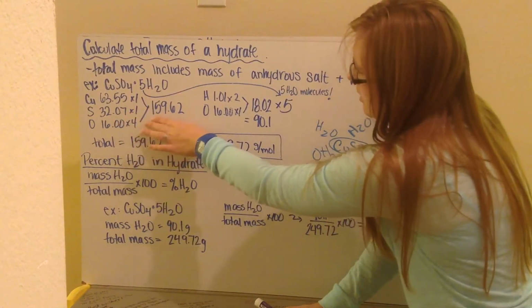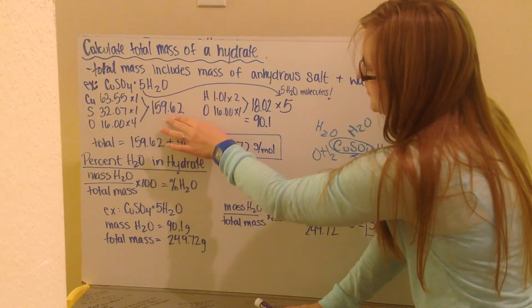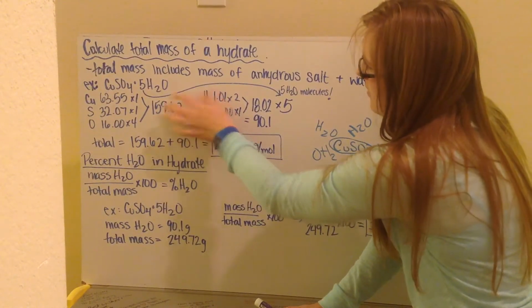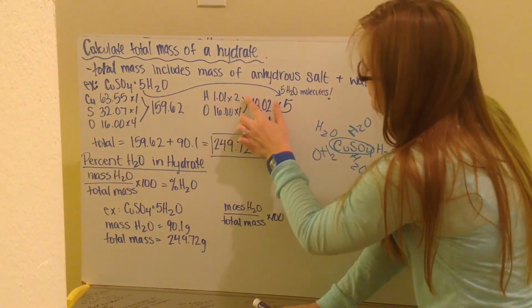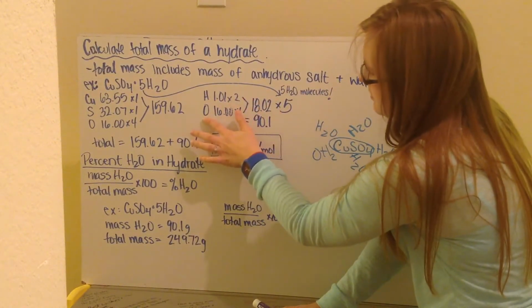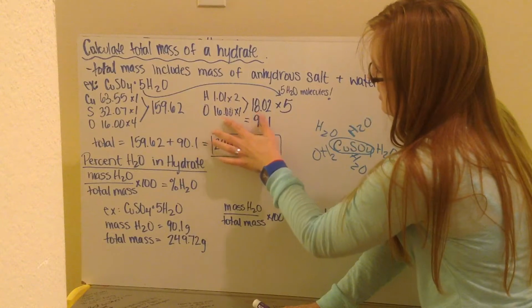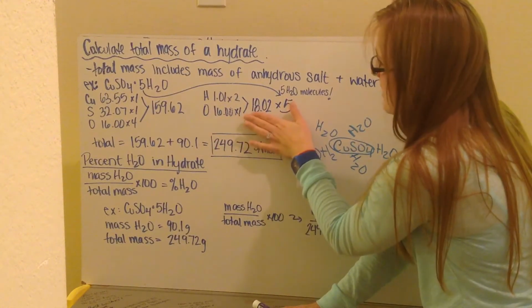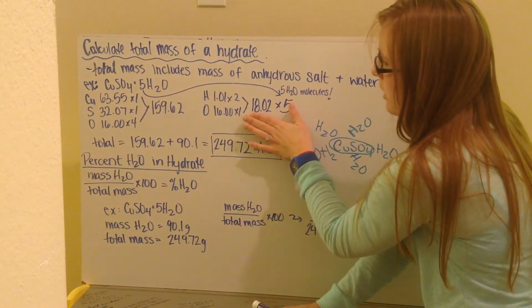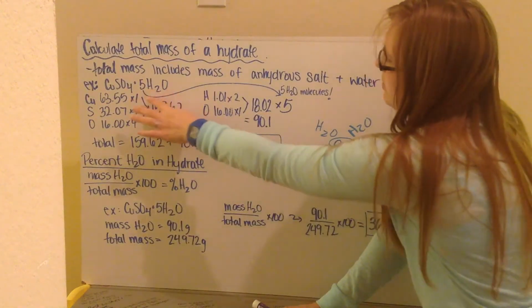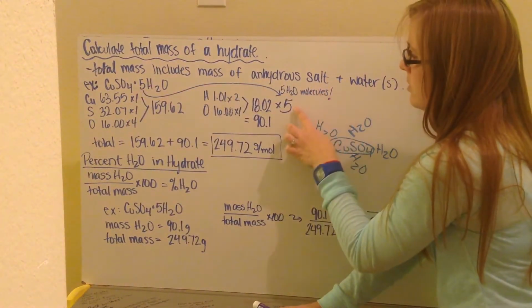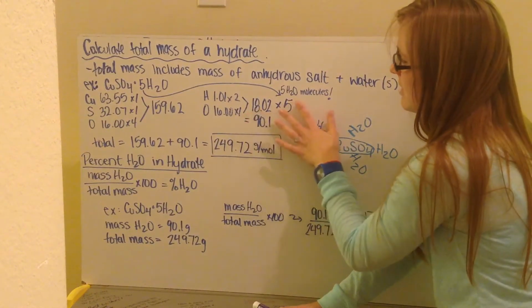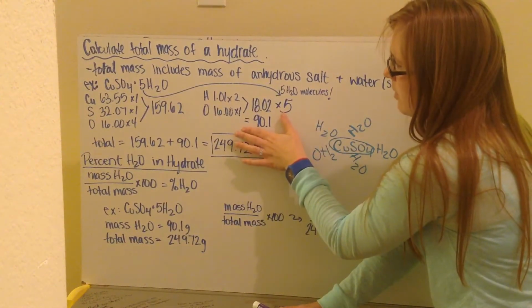Added together I get 159.62 grams per mole, plus my waters: hydrogen is 1.01 times the 2 that I have, plus oxygen is 16.00 times the 1 that I have, which gives me 18.02 grams per mole. But I have 5 water molecules with that coefficient of 5, so I multiply 18.02 times 5, which gives me 90.01.